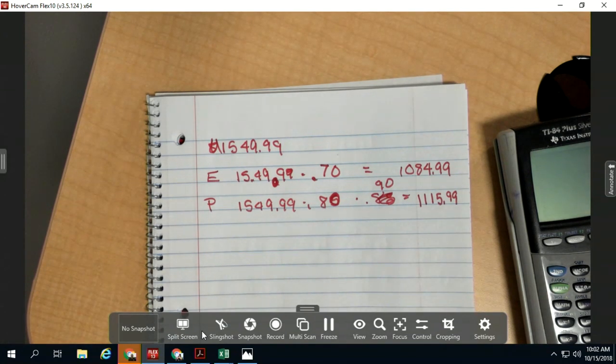So what Sam is asking is whether there is a quick way to do a 10% off plus a 20% off plus a 30% off. You would multiply 0.9 times 0.8 times 0.7, and that will be the price that you pay. Okay?